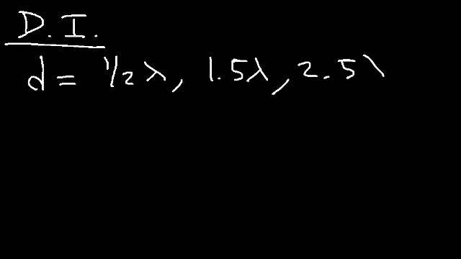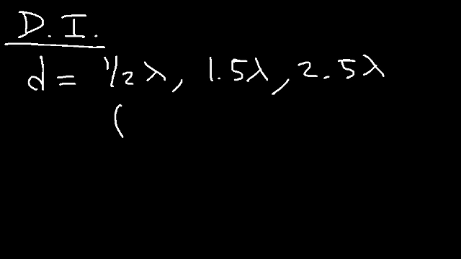Now for destructive interference to occur, the distance between two waves must differ by half a wavelength. It could be 1/2 a wavelength, it can be 1.5 or 2.5, but they must differ by 1/2 of a wavelength.